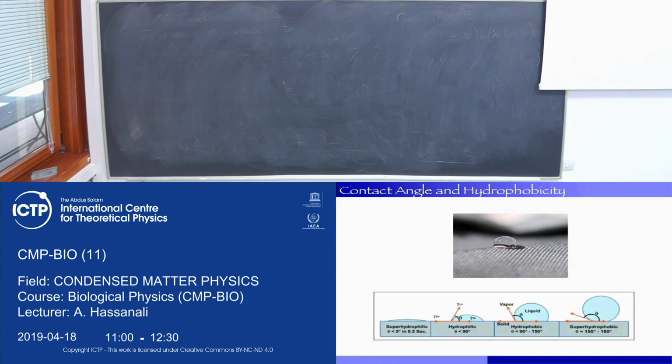Fine, but how do I relate contact angles to density and density fluctuations? I just told you that at the molecular scale, at the short length scale, what I need to think about are density and density fluctuations, the compressibility.